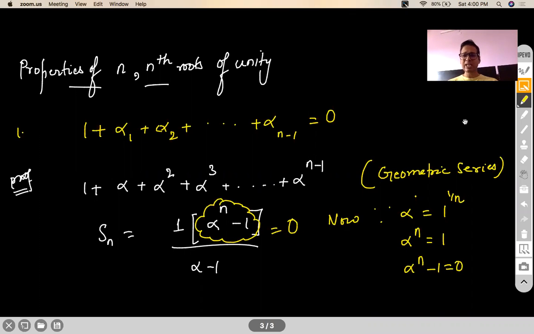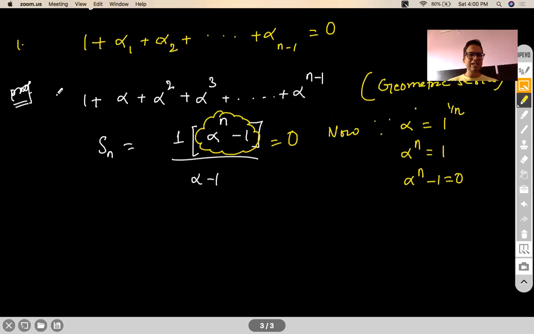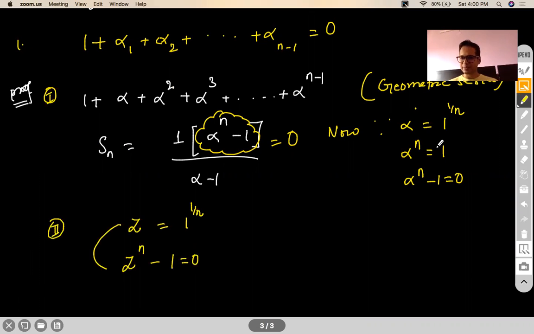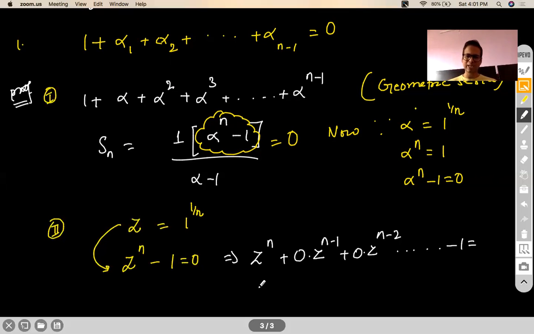Another way to look at it is, the n roots of unity come from this equation. The same thing, I'm writing it like this: z to the power n minus 1 equal to 0. You may treat it as if you have written z to the power n, plus 0 z to the power n minus 1, plus 0 z to the power n minus 2, till minus 1 equal to 0. And this equation has roots 1, alpha 1, alpha 2, all the way till alpha n minus 1.